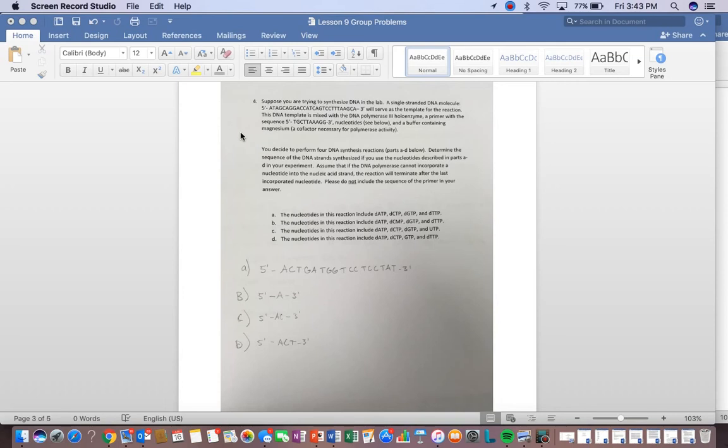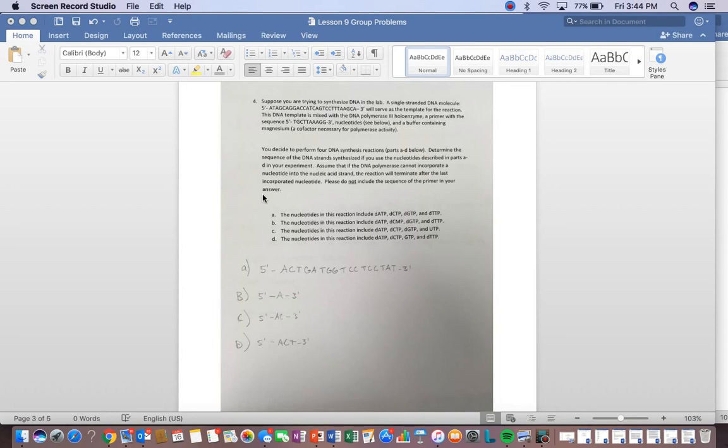So then we decide to perform our synthesis reactions as shown through parts A to D. Then we determine the sequences of the DNA strands synthesized if we have the nucleotides described in parts A through D in our experiment. Assume that if the DNA polymerase cannot incorporate a nucleotide into the nucleic acid strand, the reaction will terminate after the last incorporated nucleotide. Please do not include the sequence of the primer in your answer.